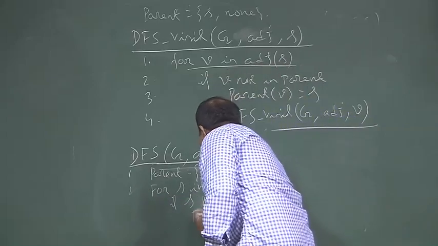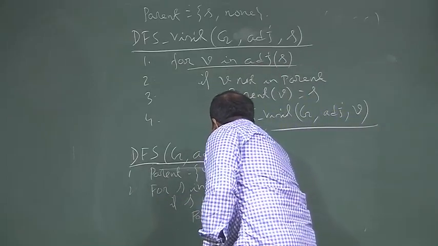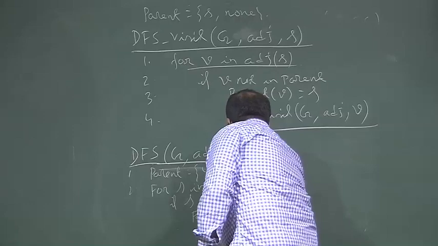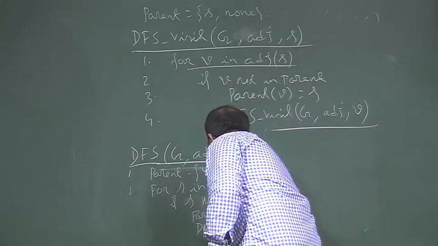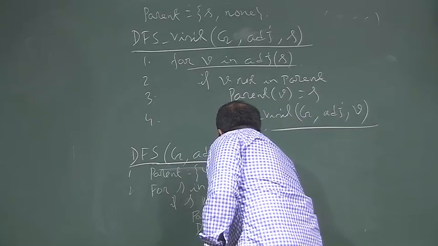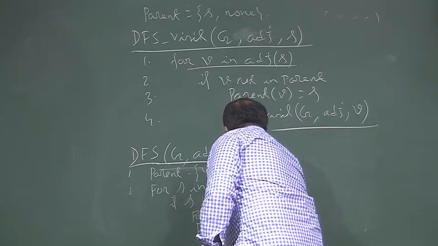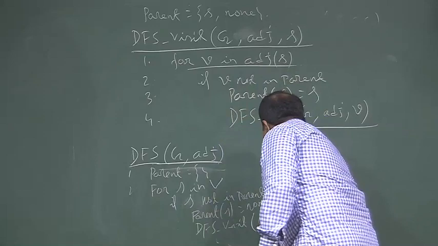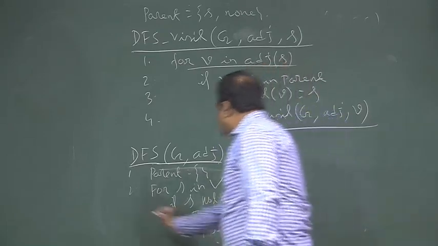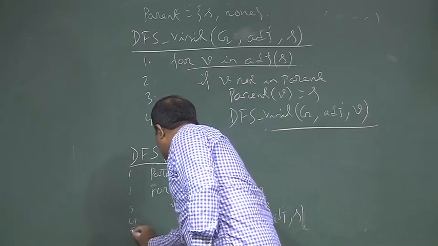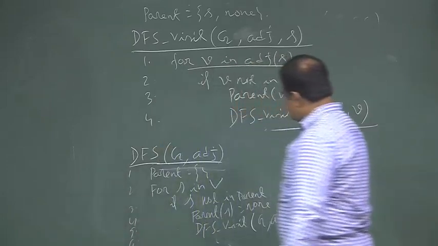Then we assign parent of S as null and we call BFS visit on G adjacency and S. Okay. So, very simple code.